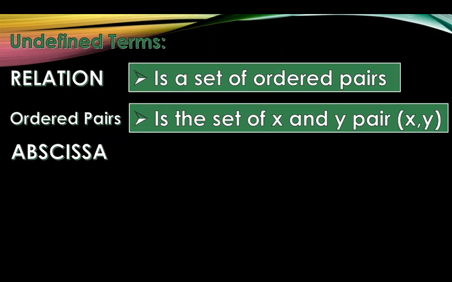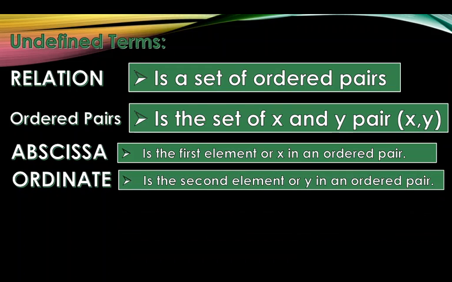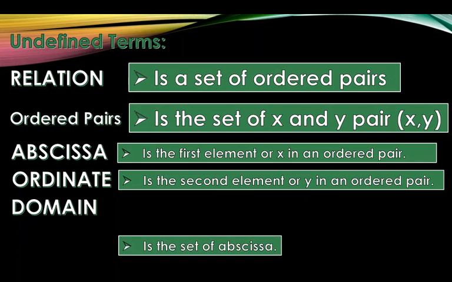Abscissa. It is the first element or X in an ordered pair. Ordinate. It is the second element or Y in an ordered pair. Domain.